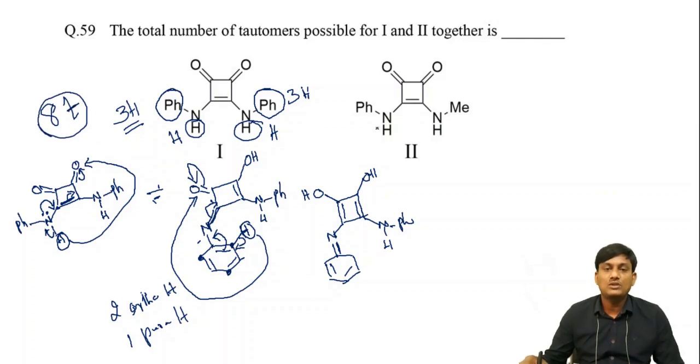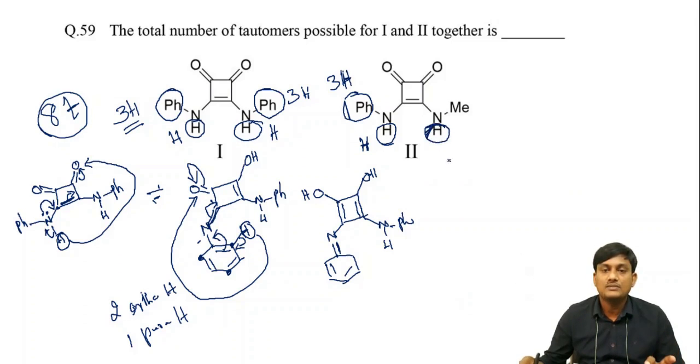Similarly, for the second molecule, 1 hydrogen, NH hydrogen, and here 3 hydrogens, 2 at ortho position, 1 at para position will participate in tautomerism, and here this hydrogen will participate. So finally, how many hydrogens will participate in tautomers? 3 plus 1 plus 1, you have 5 hydrogens will participate.